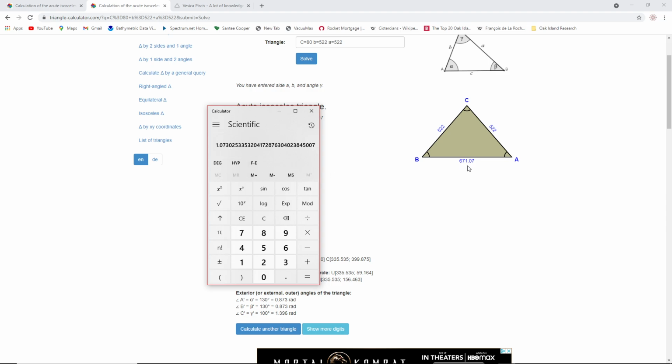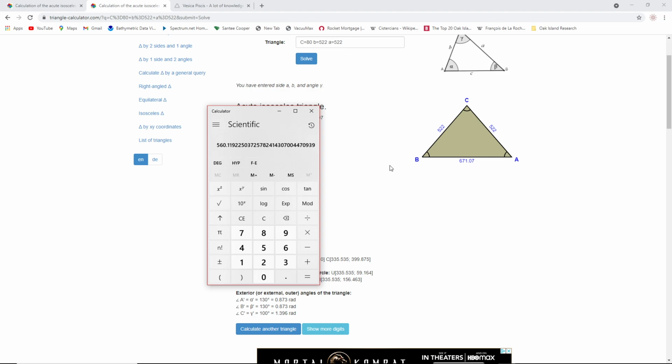So 671 times 0.073 should equal 560. Yes, 560. So 522 equals 560.1. Well, there's a lot of numbers here, so we have to take into consideration all these numbers. They do add up after a while.